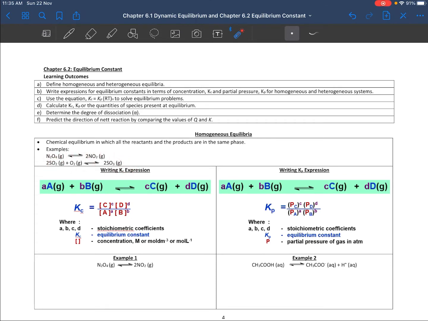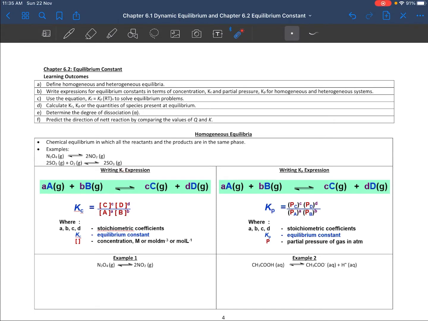So the next learning outcome, kita kena tulis expression for Kc and Kp untuk homogeneous dan heterogeneous. Kc and Kp, ini kita guna balik law yang kita belajar dekat chapter 6.1 iaitu law of mass action. So ada Kc, ada Kp. Kc ni, C ni apa?